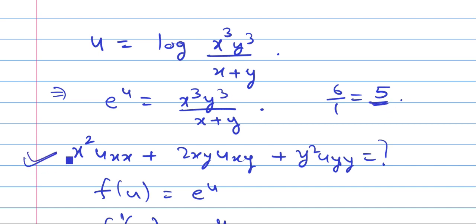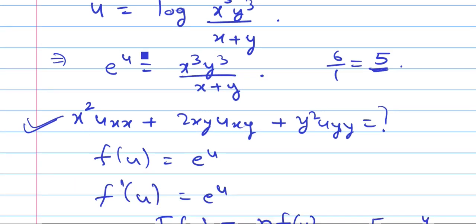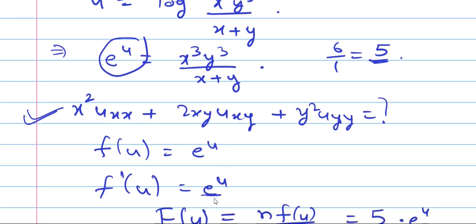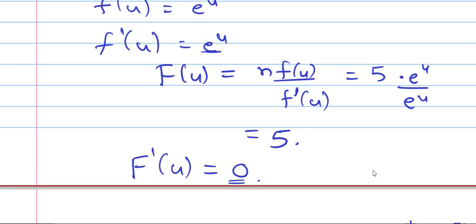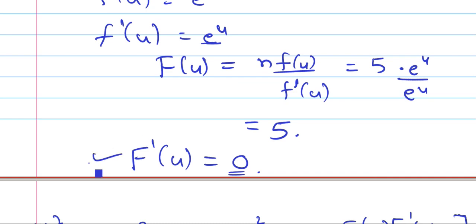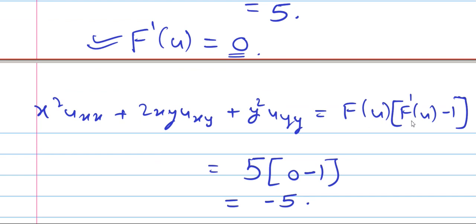Small f of u is e raised to u, and f dash u is the same. Capital F of u is n f of u upon f dash u, so its value is 5, and the derivative of 5 is 0, so capital F dash u is 0. Then the second derivative has the formula F of u times (F dash u minus 1). I substituted the values and got the answer minus 5. Okay. Thank you.